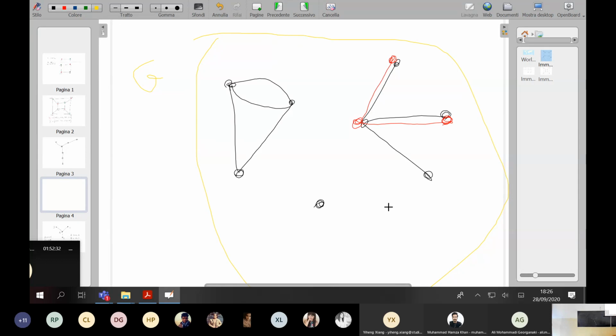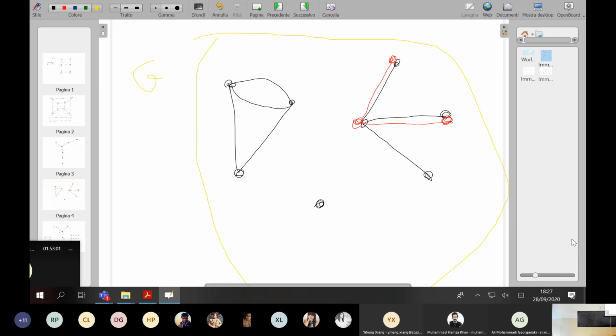I have an answer, no. The lady says, is there in G a connected subgraph of G containing the red one as a subgraph? You say yes, and so two to one for yes, and yes is the correct answer.